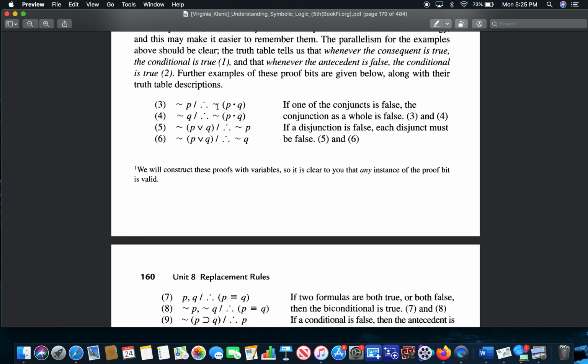Because what is this? The conclusion here is the negation of a conjunction. So it's telling you that it's not the case that both P and Q are true. Well, I should be able to get from the negation of P to the negation of P and Q, because if P is false, then definitely P and Q is false, right? That does follow. I should be able to get from there to there, and you can.